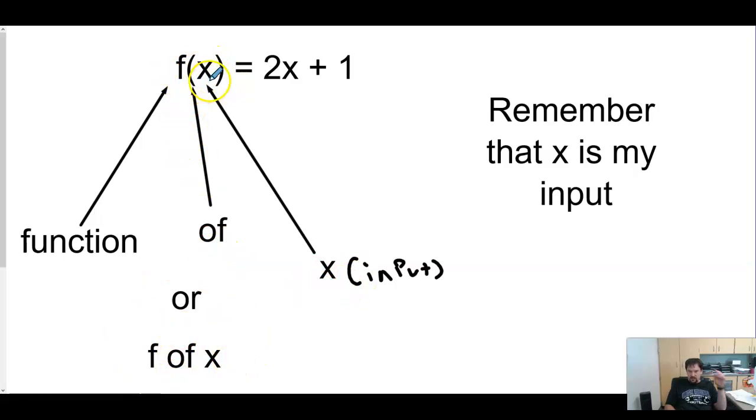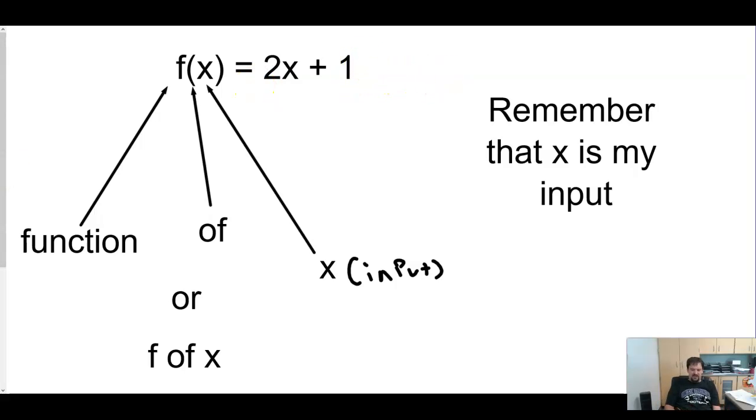And remember, your x is your input. So we're going to pick a number we want to plug in here. Let's say it's 7. Instead of saying f of x, we're going to say f of 7. And instead of saying 2 times x plus 1, we would say 2 times 7 plus 1. And then we would evaluate what that would be on this side.